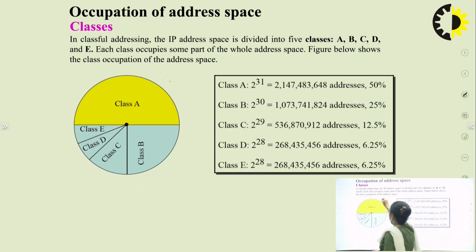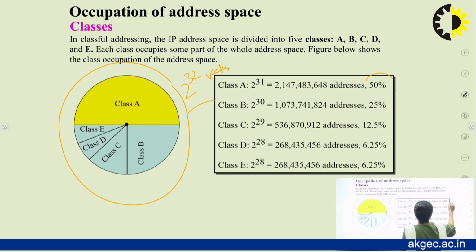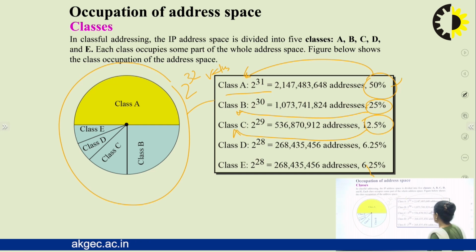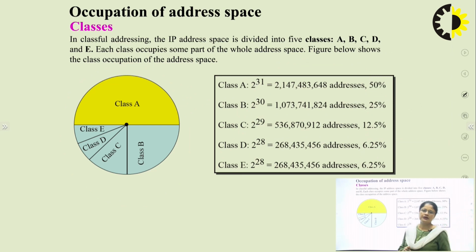Out of the total 2 to the power 32 range of addresses, the first 50% is allocated to class A. Out of the remaining 50%, 25% is allocated to class B. Out of the remaining, 12.5% is going to class C, and the remaining 6.25% each are going to class D and E. So we are dividing the entire range of 32-bit addresses into 5 classes, and it's very obvious all the classes do not have the same size.